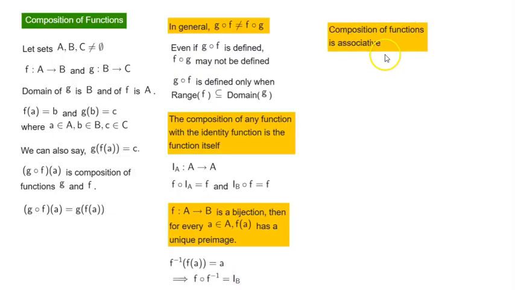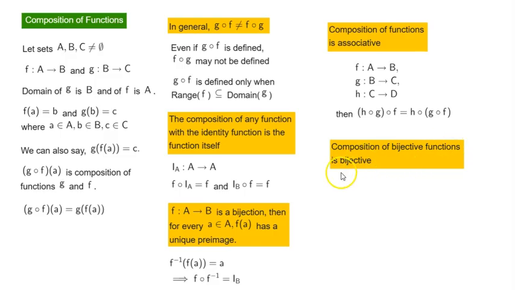Now, composition of functions is associative. So let's say we have a function f which maps A to B, g maps B to C and h maps C to D. Then h∘(g∘f) is equal to (h∘g)∘f.